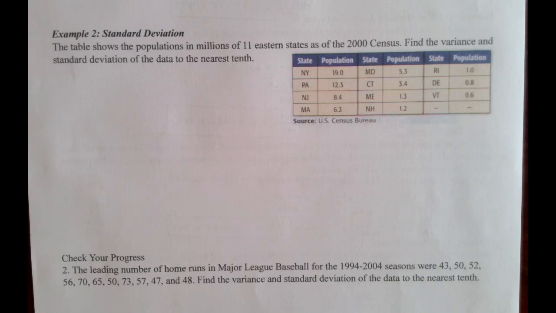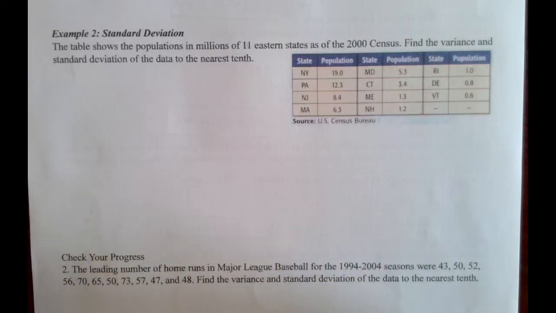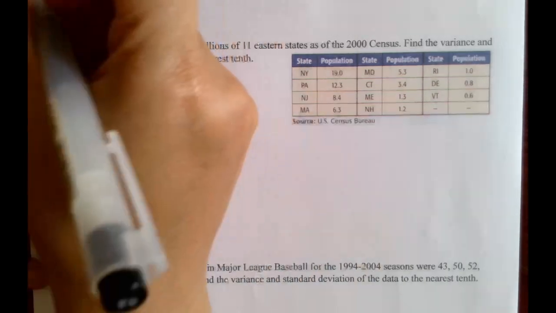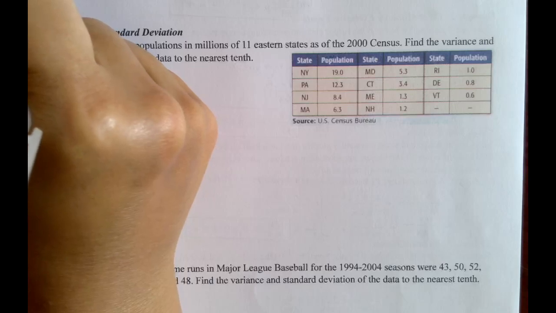Okay. So here, this table shows the population in millions of 11 eastern states as of the 2000 census. Okay. We want to find the variance and the standard deviation of the data to the nearest tenth. Okay. So what we're going to do is we're going to first start by finding the average. Okay. So we're going to find the average, or the mean. Okay.